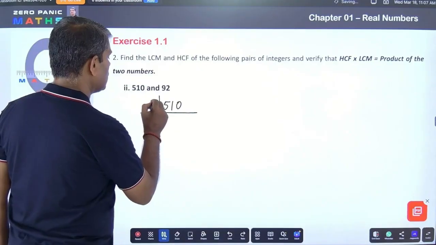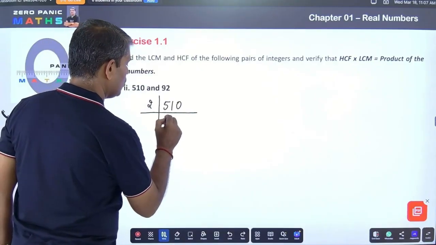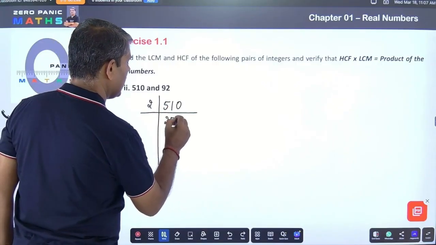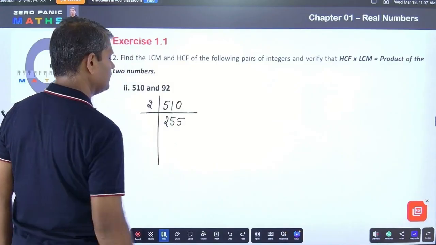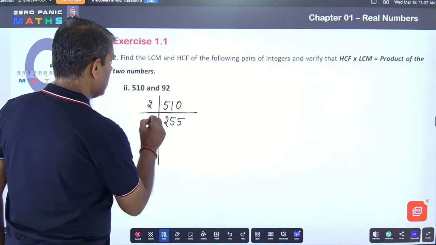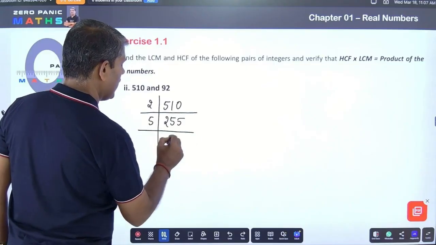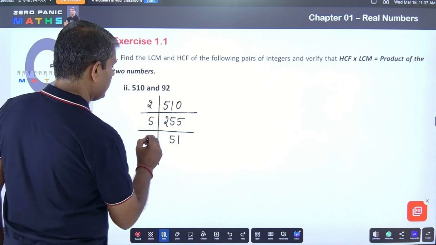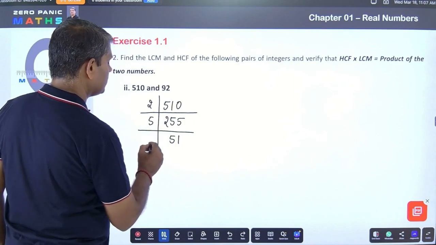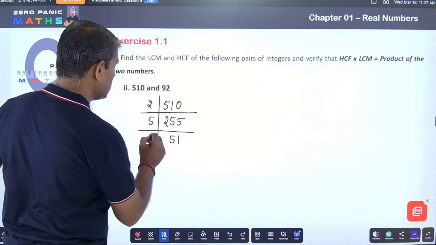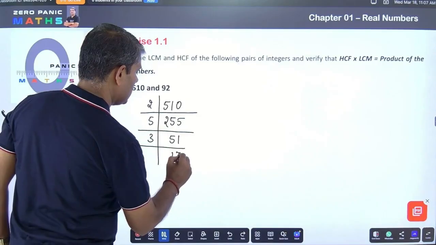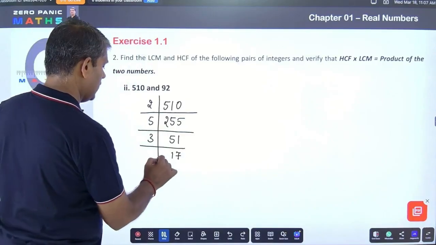Okay, I'll go with 2. 2 2s are 4, 1 remains, 2 5s are 10, and 2 5s are 10. Okay, I'll go with 5. 5 5s are 25, and 5 1s are 5. I'll go with 3. 3 1s are 3, and 3 7s are 21.